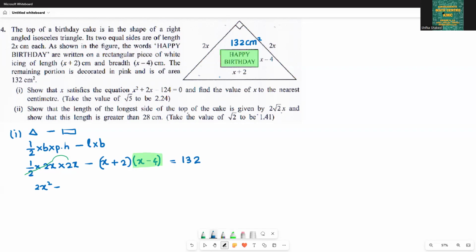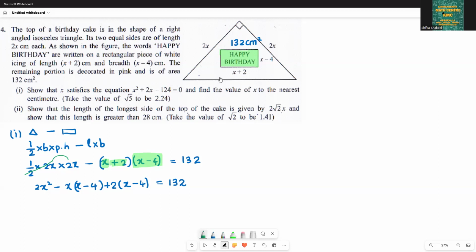So the second bracket should be repeated twice, x minus 4, and we write x and plus 2 separately, x in front of this bracket and plus 2 in front of this bracket, equals 132.